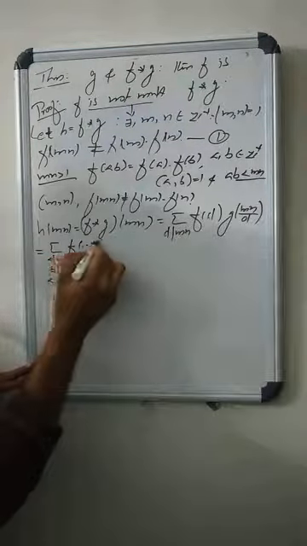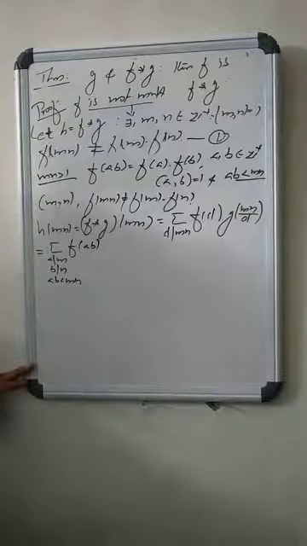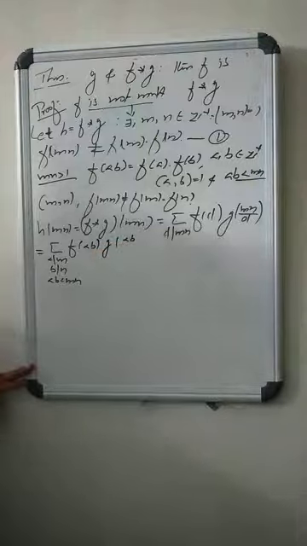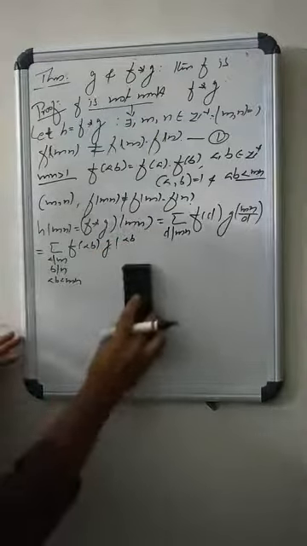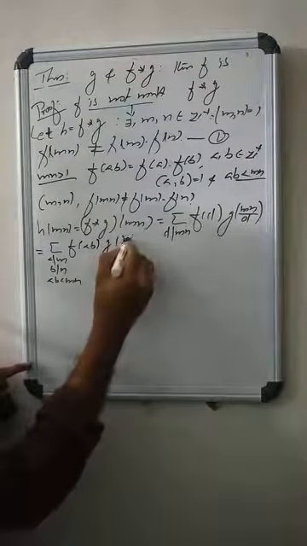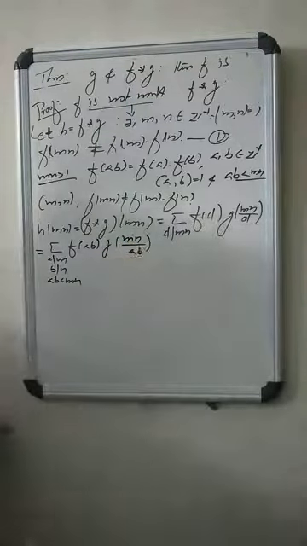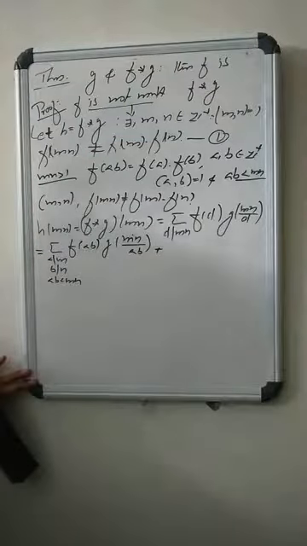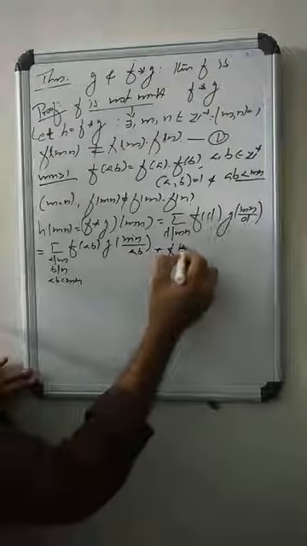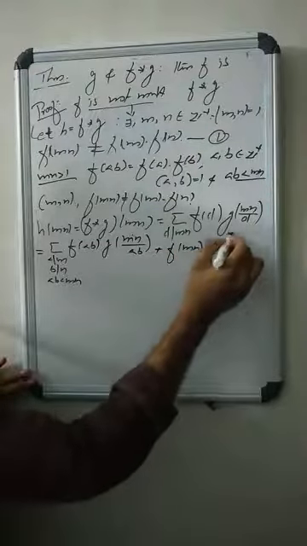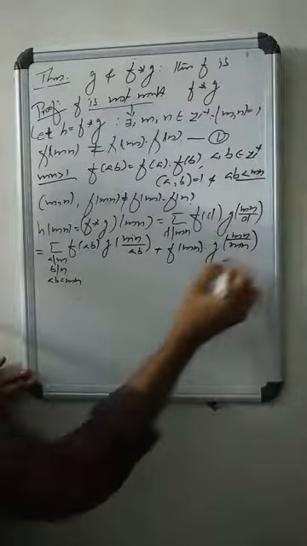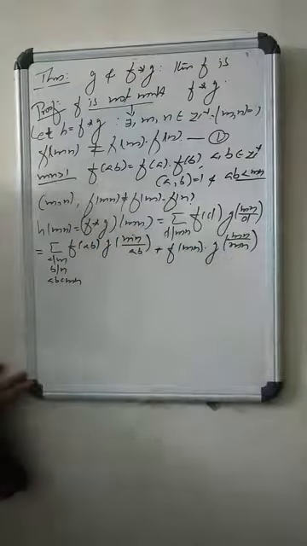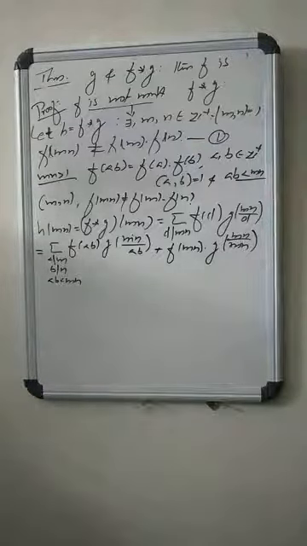So it is f of AB into g of MN by AB, plus, when AB equals MN, the last term f of MN into g of MN by MN.